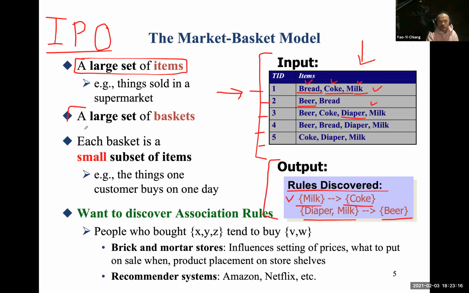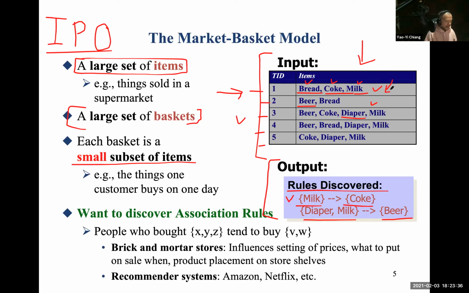And we do have a large set of baskets. If you only have 5 baskets, it's not going to work. So we're talking about millions of transactions. Each basket is a small subset of items. That means each transaction will only cover a few items. This makes sense, right?